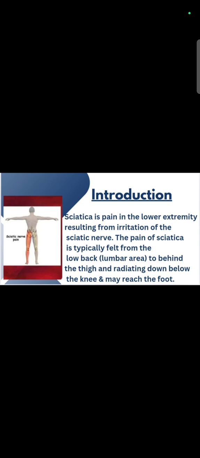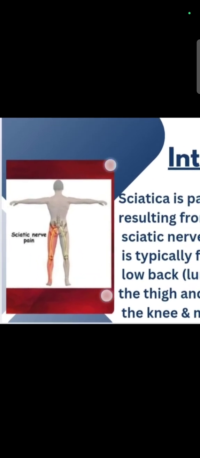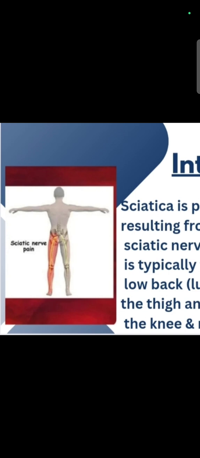Sciatica is a disease generally caused due to the sciatic nerve. As you can see in the photograph given, in sciatica there is a pain from the thigh or the buttock that radiates towards the feet.